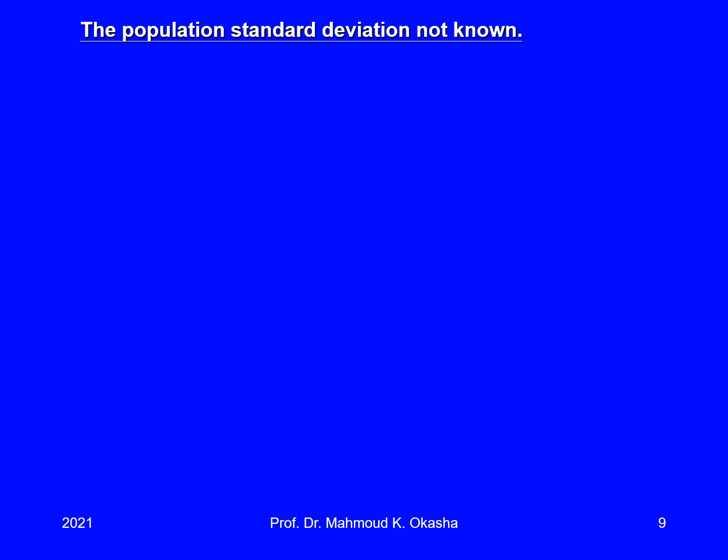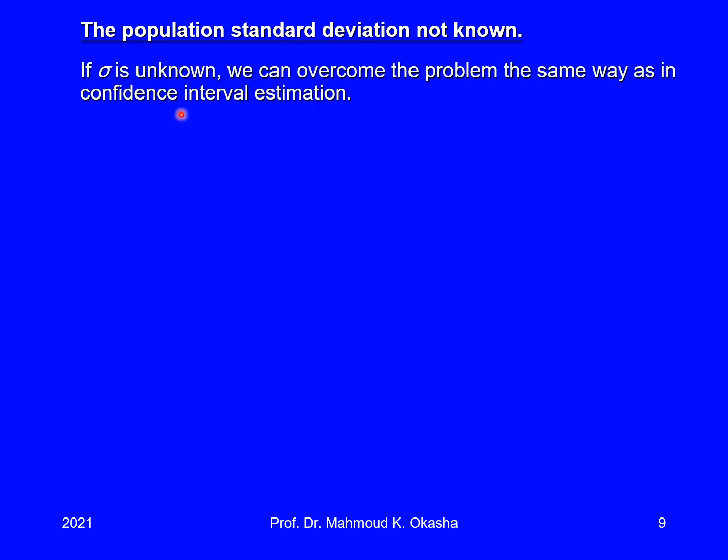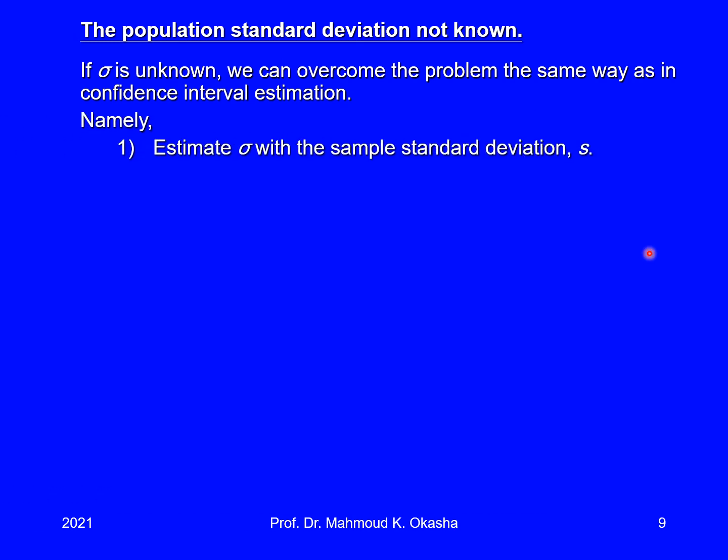We were talking about if the population standard deviation is known or the sample is big, we use the statistic Z. But if it happens that the sample is small and the population standard deviation is not known, then sigma is unknown and we have to estimate it with the sample standard deviation. We substitute S instead of sigma.